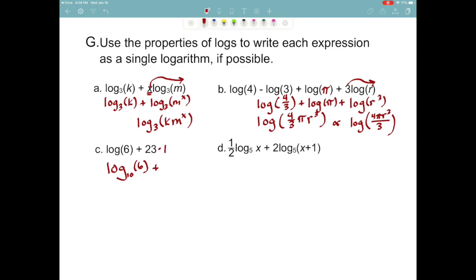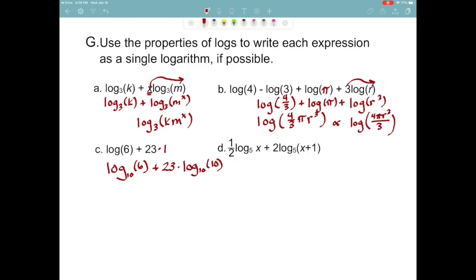And we can rewrite 1 pretty easily as a log base 10. So this would be like saying plus 23 times log base 10 of 10. Remember, log base 10 of 10 is always going to equal 1.